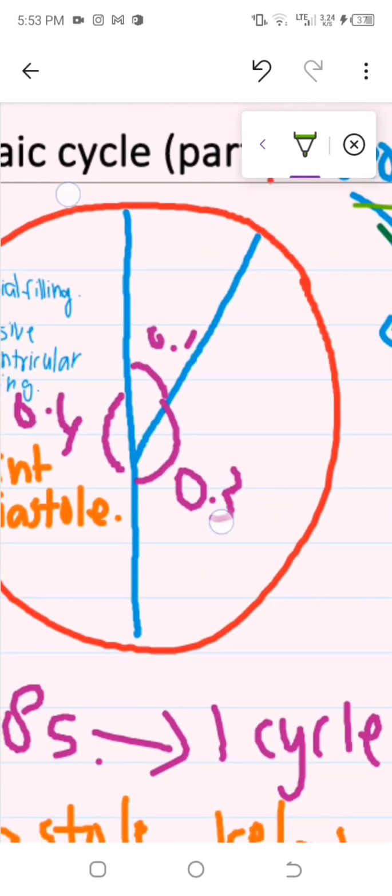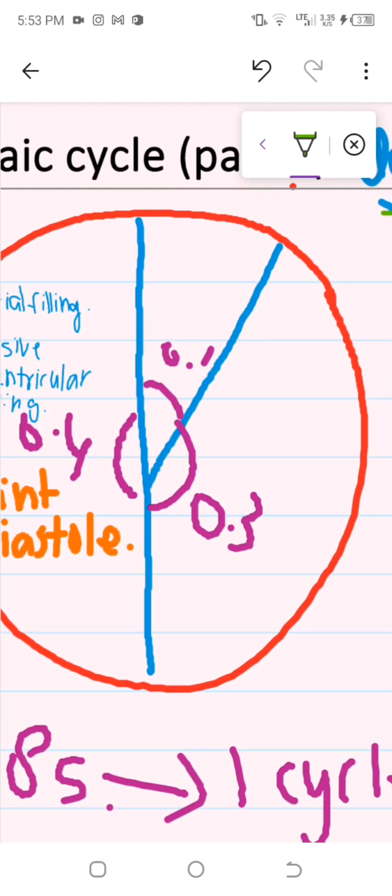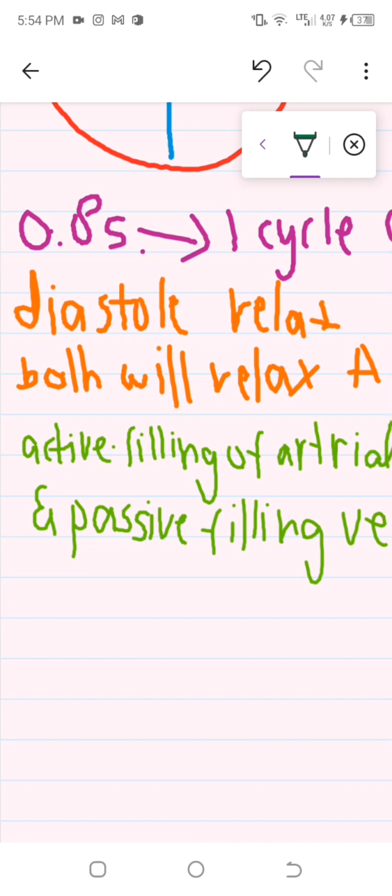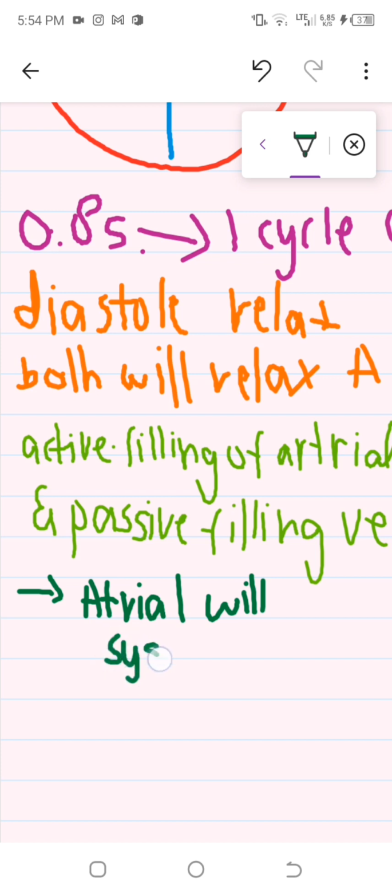As you can see here, which I have drawn as 0.1, the ventricles are already filled. Now the atria will systole, which means the atria will contract, so that the remaining blood can easily go to the ventricles.